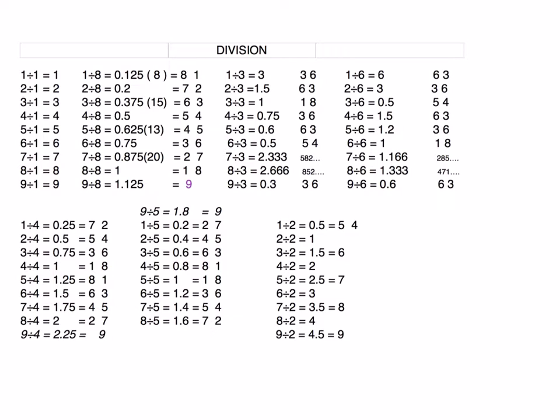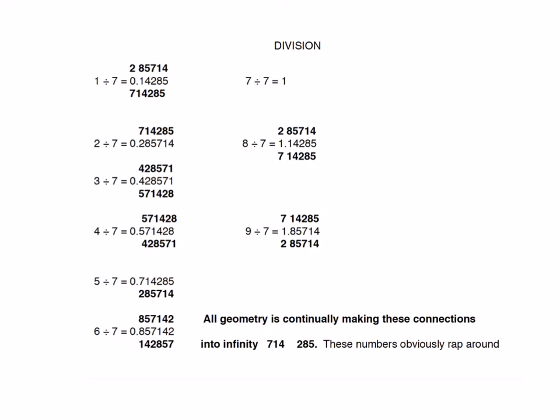Now, what gives us the key here to the infinite numbers? Well, it's not the 8. The 8 holds the symbol for the infinite numbers. But look at this 7 division table.